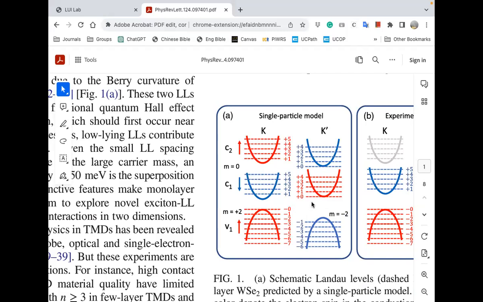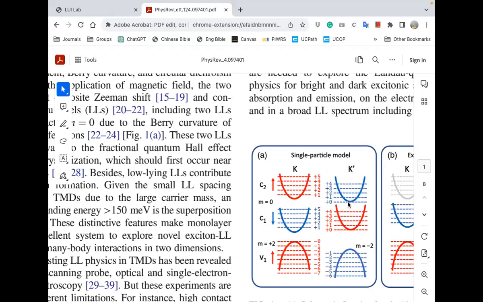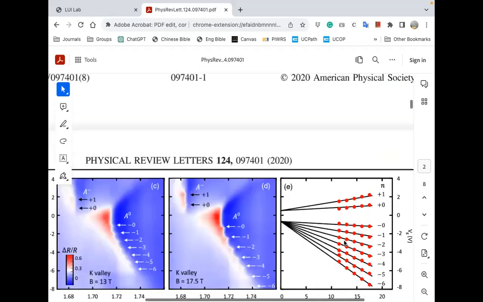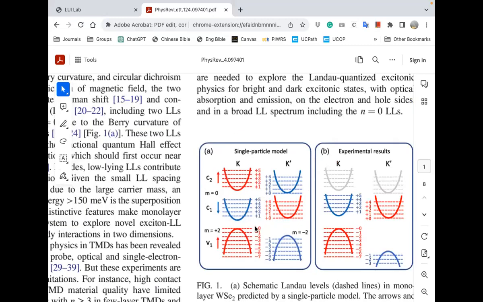Of course, one of the novelties in this paper is that we somehow detect this zero energy level. In our data we actually resolve it. We can see the zero case, and we also see the plus zero, but of course this is on the other side. We see the plus zero, and when we dope it on the hole side, we see the negative zero.